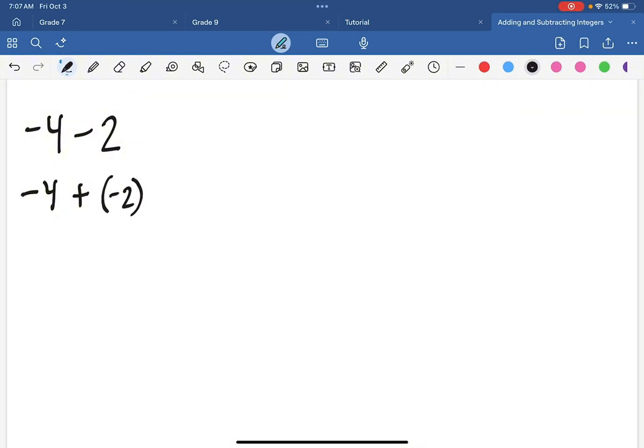Now, based on our rule for adding integers, adding both negative numbers here, negative and negative, we could expect that the result would obviously be negative. When we are adding negative numbers, instead of doing the bigger number minus the small one, we're not going to apply this, but instead, we're just going to add the two numbers. So 4 plus 2 is 6. That's why our answer is negative 6.